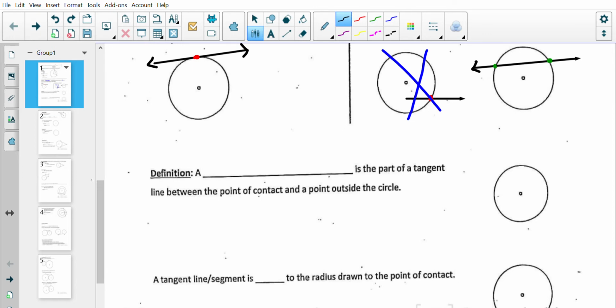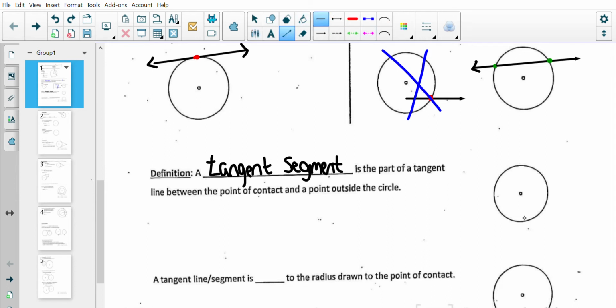Okay, let's talk about a tangent segment. A tangent segment is the part of the tangent line that's between the point of contact and the point outside of the circle. So for example, a tangent segment is something that looks like this.